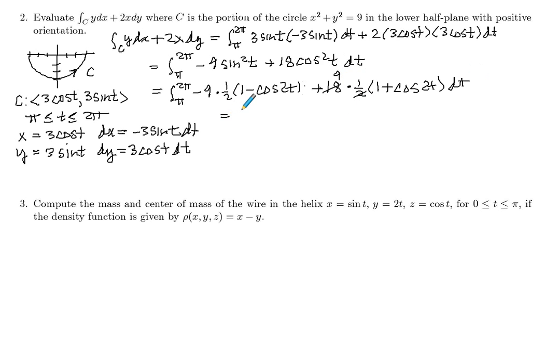So this is going to equal the integral from pi to 2 pi. Let's go ahead and collect our like terms. So here we've got a negative 9/2 times 1. And then here we've got a positive 18/2. So 18/2 minus 9/2 is going to leave 9/2. Then we've got a negative 9/2 times negative cosine 2t, which is positive 9/2 cosine 2t.